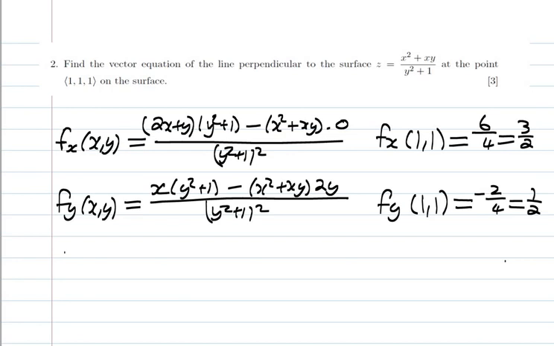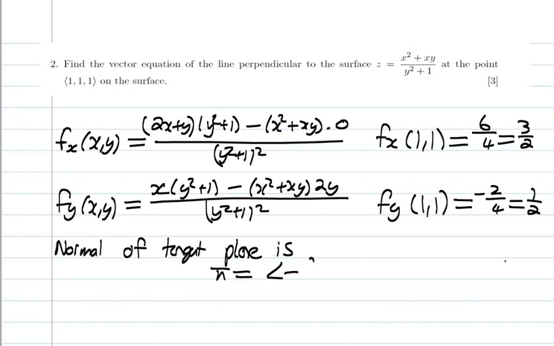And now we're in business, because now we can say the normal of the tangent plane is, let's call it n, which is (minus f partial x at (1,1), minus f partial y at (1,1), 1).